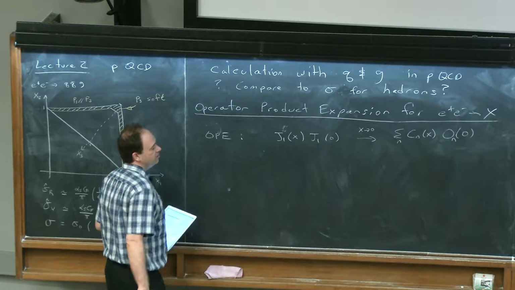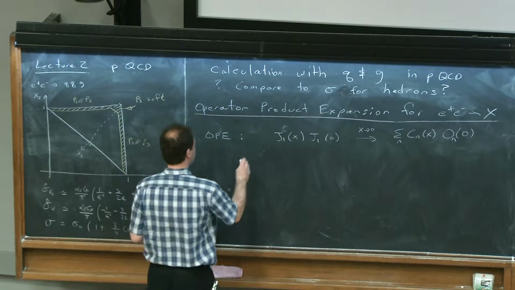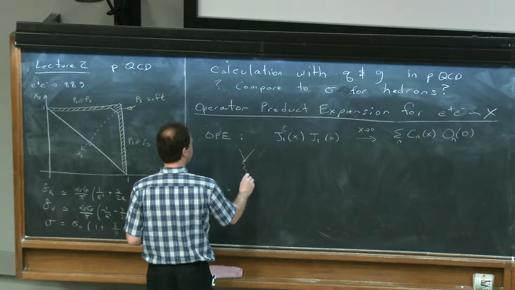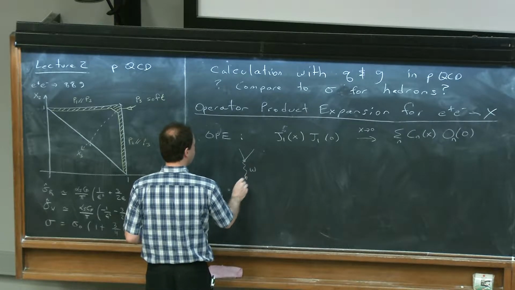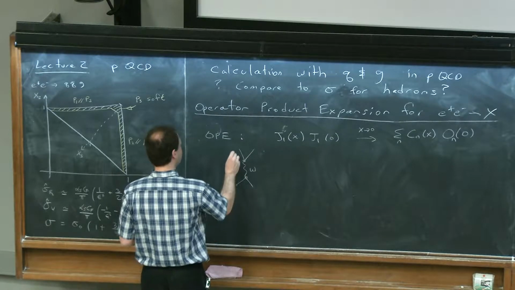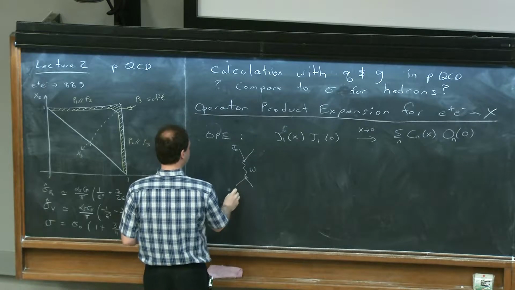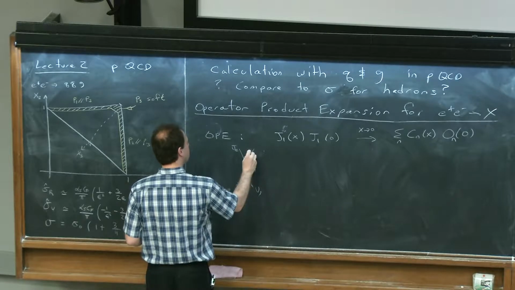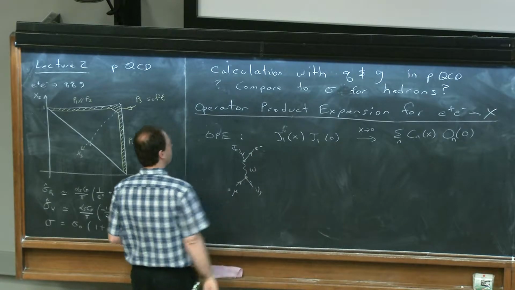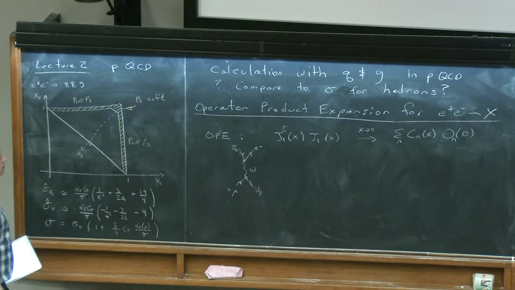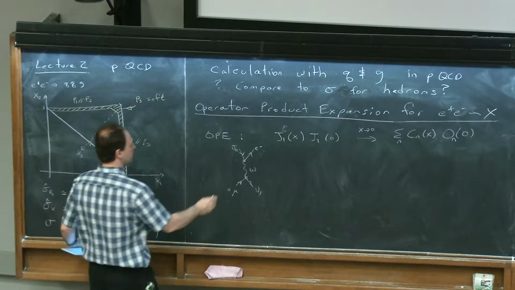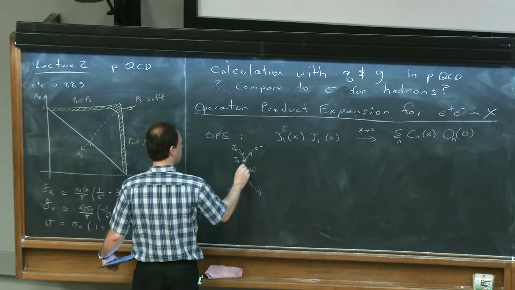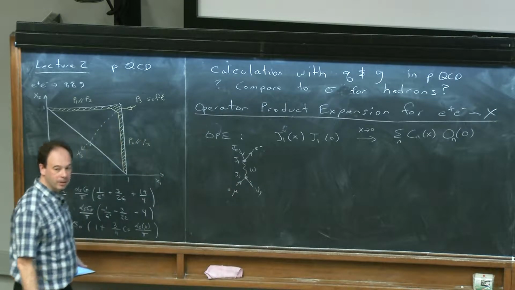This may sound fancy, but it's not too complicated if you think about the following example. Say we just had W exchange, and we can do this even with leptons. So say we had muon decay: a muon goes to a muon neutrino, an electron and an electron antineutrino. So this is an example with two currents, one here, J1, one here, J2, separated by this W propagator.